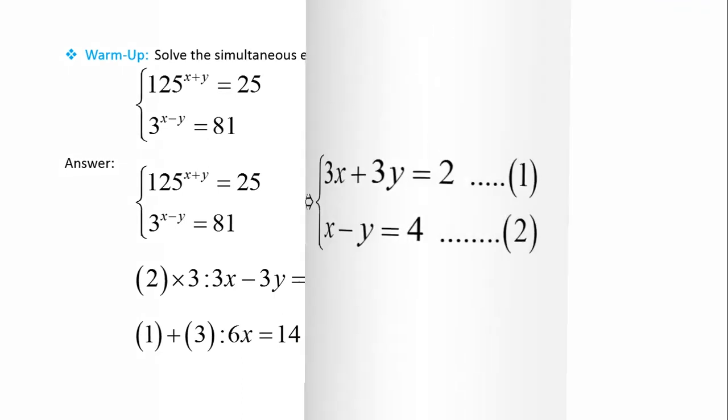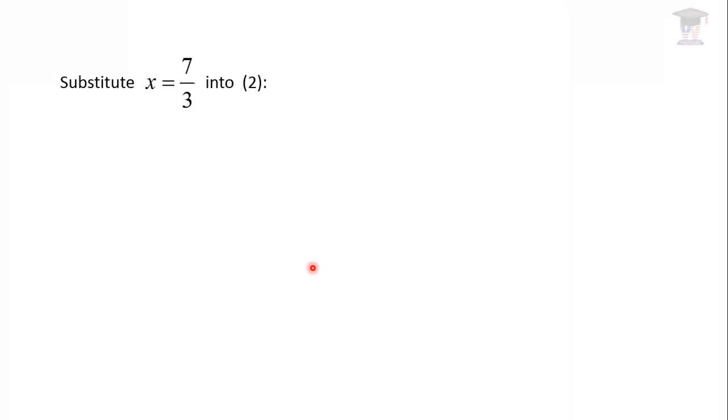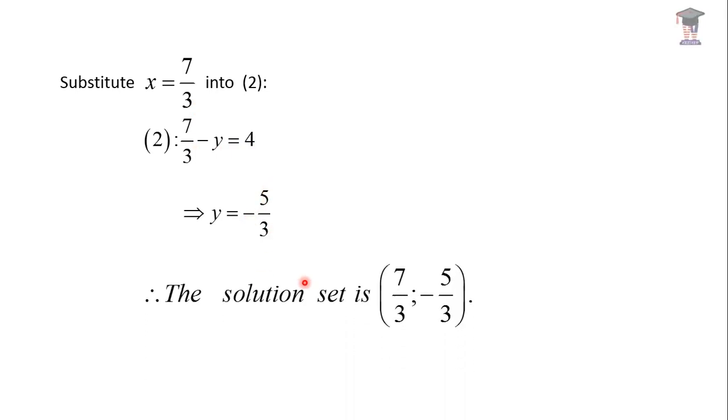We need to substitute x equal to 7 over 3 into the second equation to find y. So I get 7 over 3 minus y equal 4, which implies y equals minus 5 over 3. So the solution set is x equals 7 over 3 and y equals minus 5 over 3.